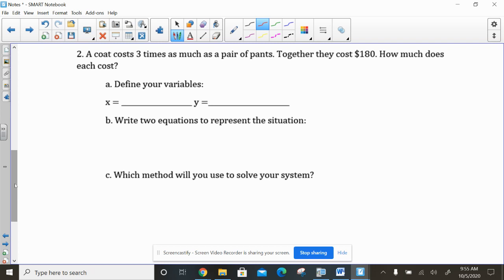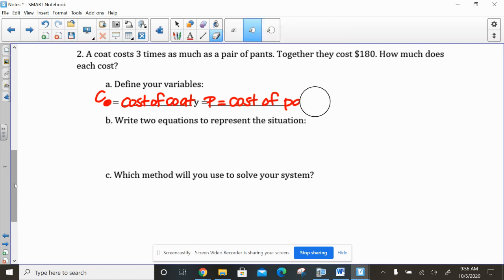So the first thing I'm going to do, I'm going to scratch out my X and my Y. I'm going to make this C be the cost of the coat. And then over here, I'm going to have P equal the cost of pants.